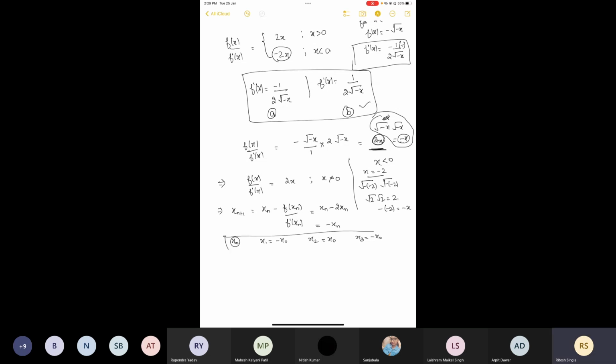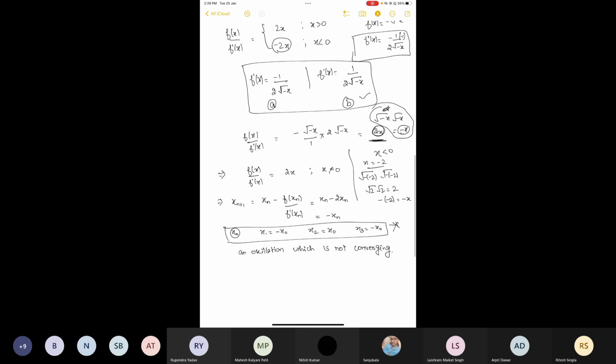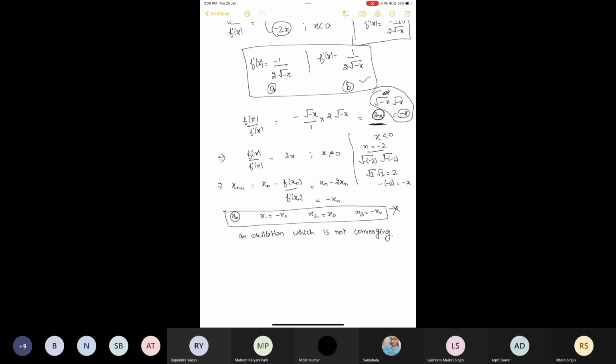So this is one sort of oscillation which is not converging. Is it making sense to everyone? Yes, sir. So can I assume that now you can do part B on your own? Yes, sir.